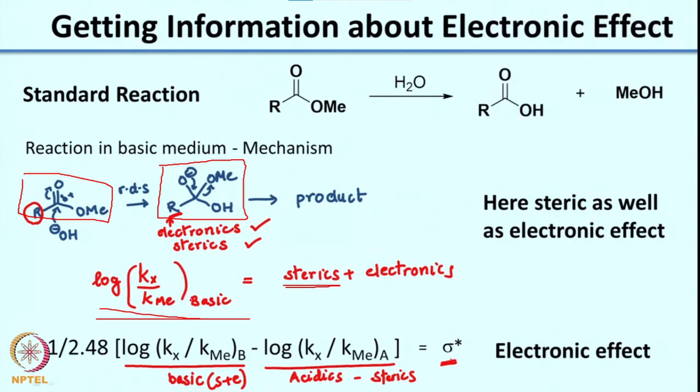So if you subtract the steric effect from the basic medium equation, you will get only the electronic effect. And this 1 by 2.48 is just a number to compare the Hammett and this Taft equation. Okay, so this will become the equation for the electronic effect.